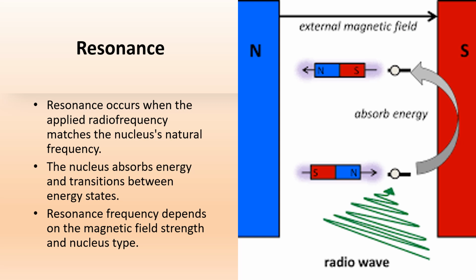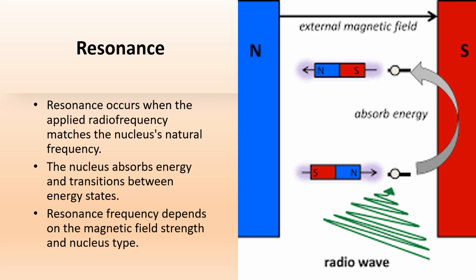At resonance, the nucleus absorbs the energy from the radio frequency pulse and moves from its lower energy state to a higher energy state. This transition is key to the NMR process. The amount of energy needed to excite the nucleus depends on both the strength of the magnetic field and the type of nucleus involved.